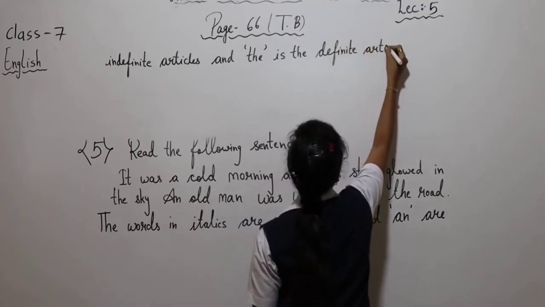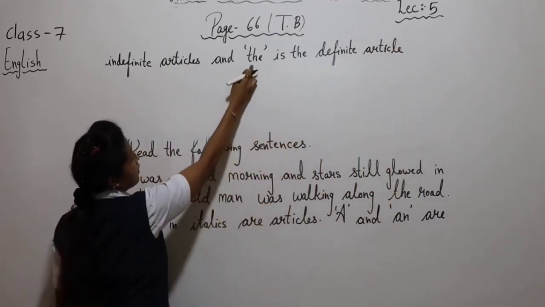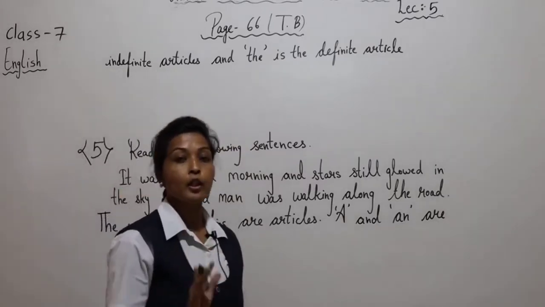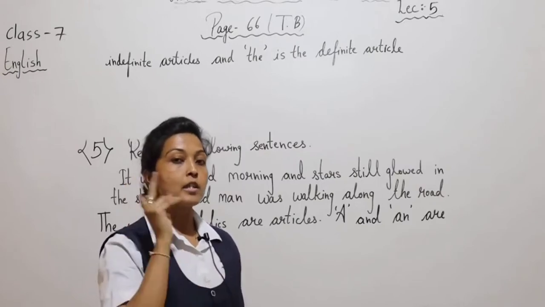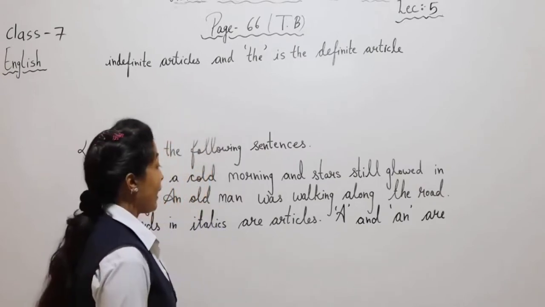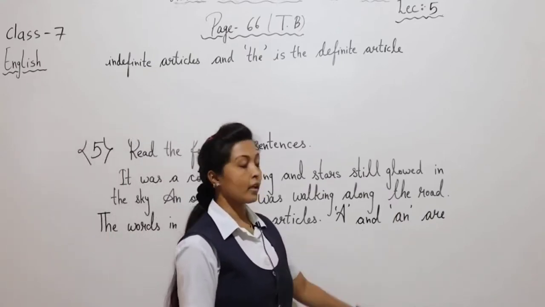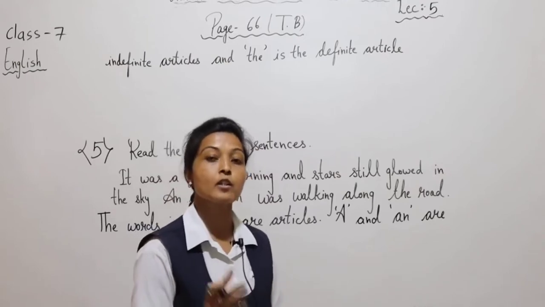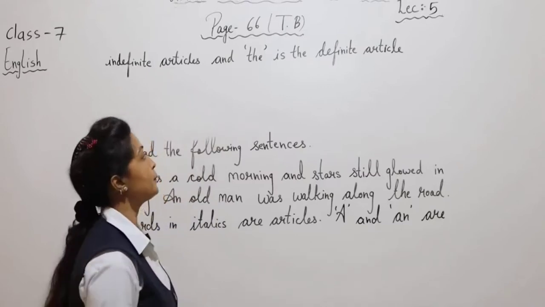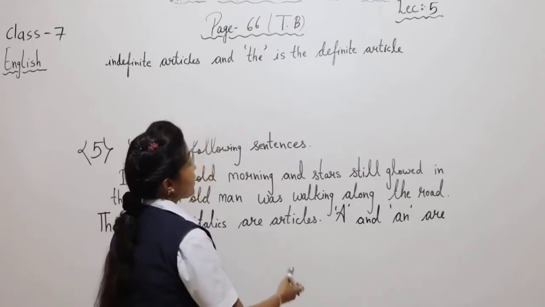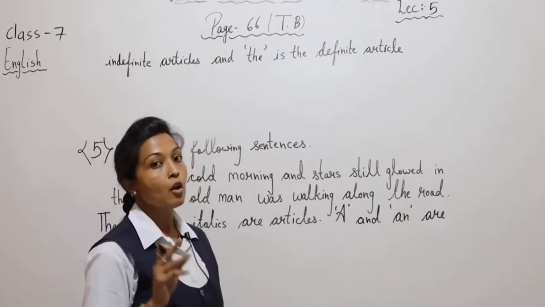We know very well that the article the is used with a particular person or thing, and it is used with both singular and plural. A and an, these two articles we use with one person or thing and with the singular number. Clear? And about these articles you already learned in your previous classes also.